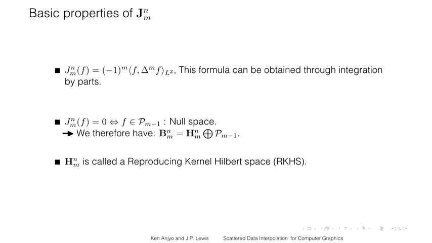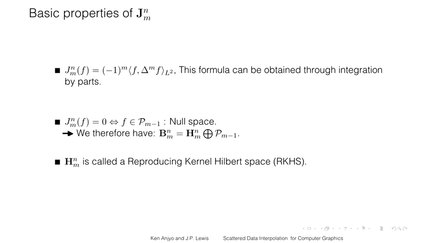And if we consider the case where the functional J takes zero, that means exactly the same thing as F belonging to the polynomial space of order at most m-1. Then, interesting is that the Beppo-Levi space is described as a direct sum H_mn plus P sub m-1.